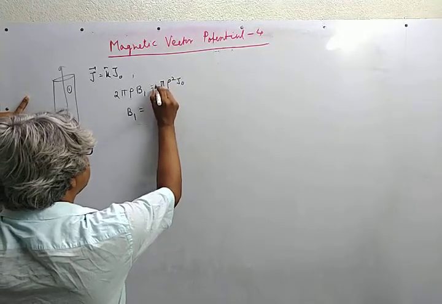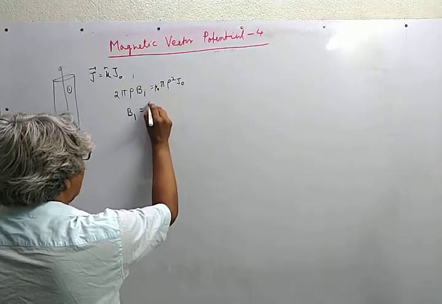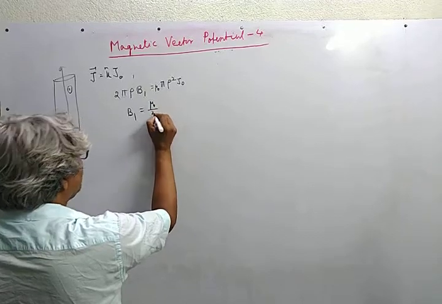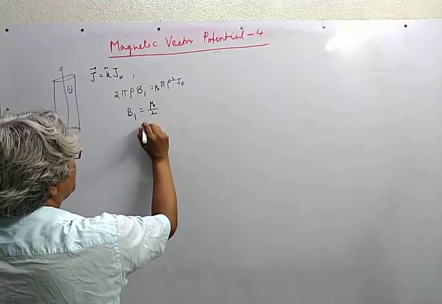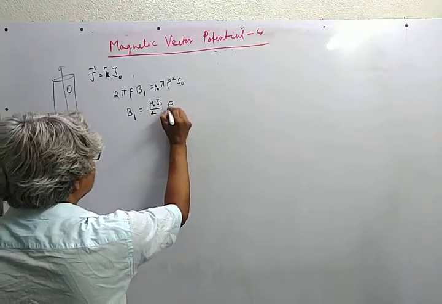Mu 0 term was missing; we have applied Ampere's circuital law, so pi cancels out and B1 is mu 0 J0 by 2 times rho.